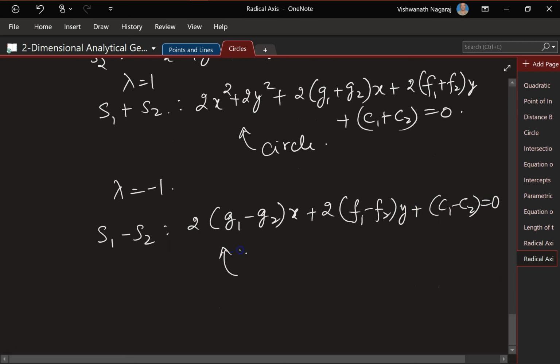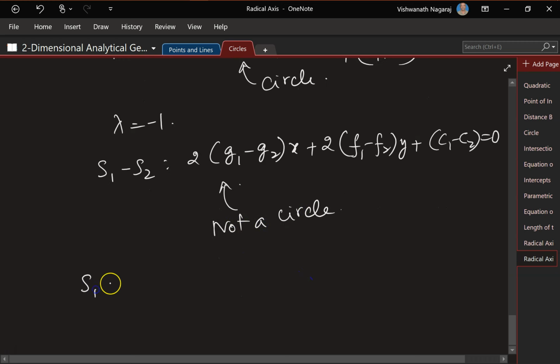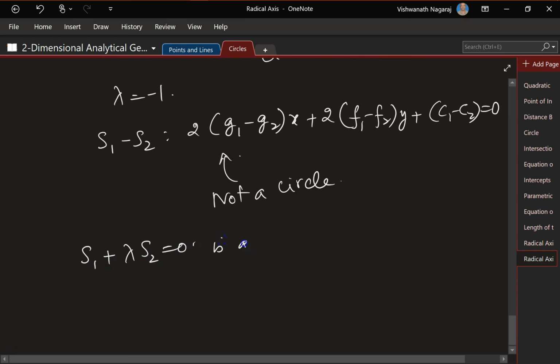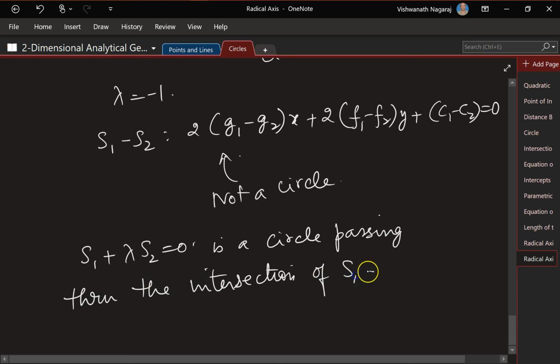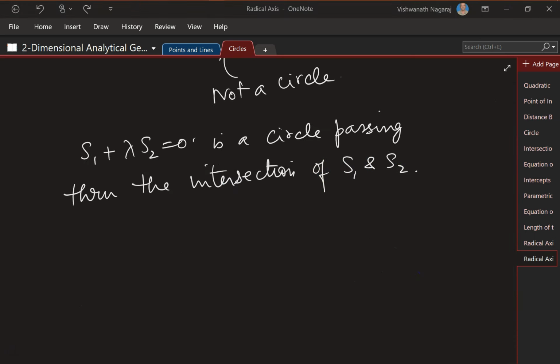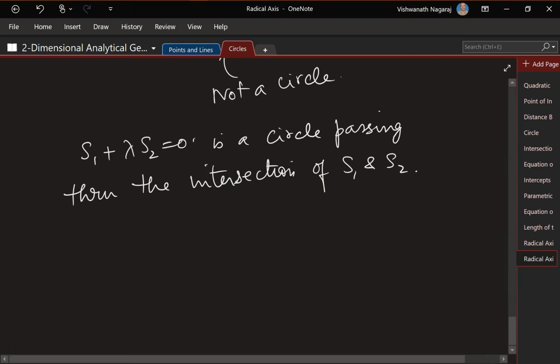Now, this is not a circle. So, S1 plus lambda S2 equal to 0 is a circle passing through the intersection of S1 and S2. That's enough. Bye for now.